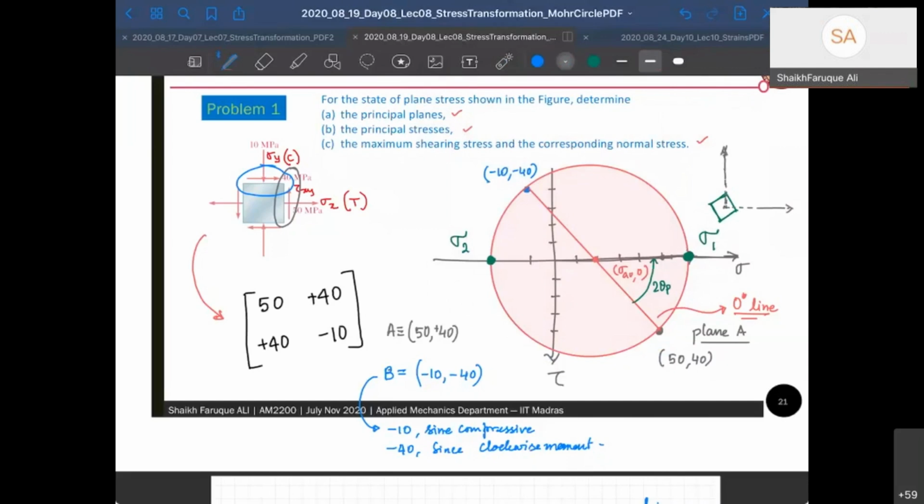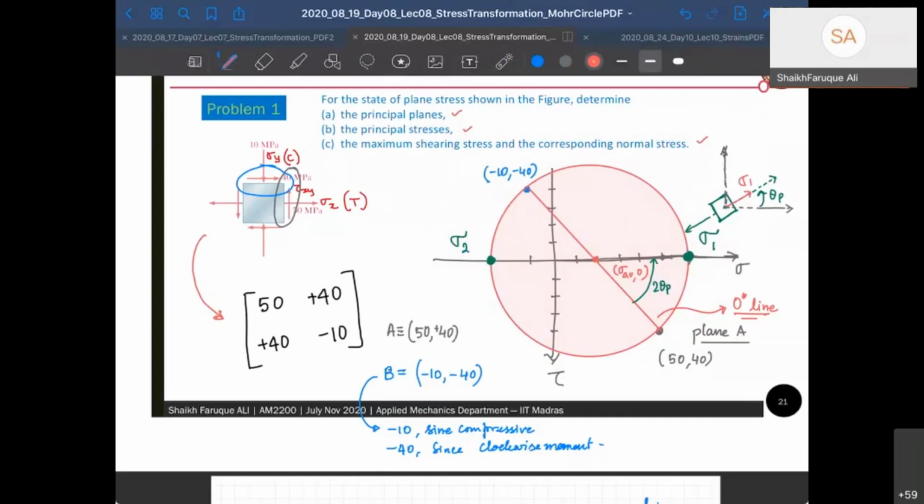Anti-clockwise, theta p will be in green. This is theta p, remember, not 2 theta p. And similarly this way.